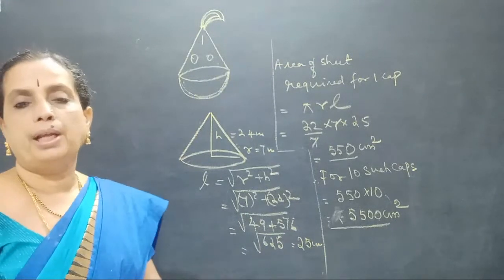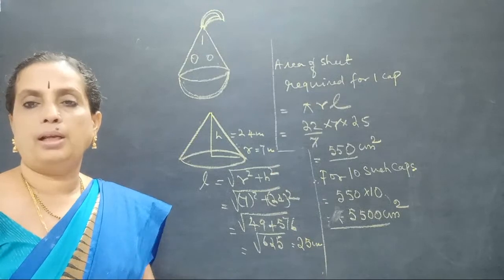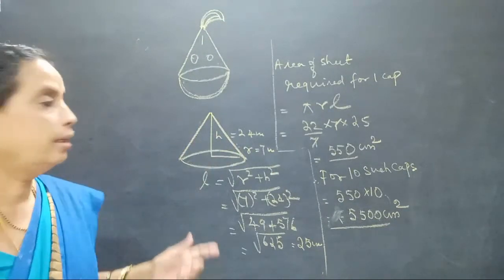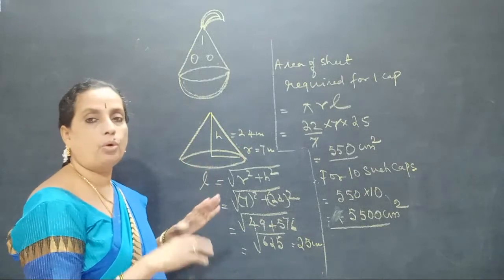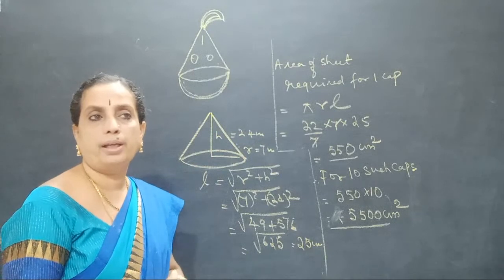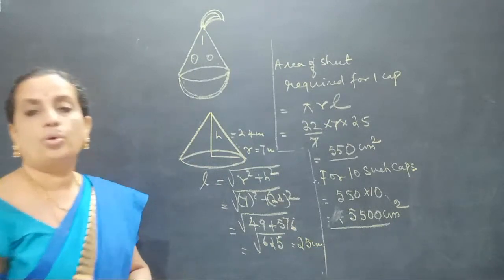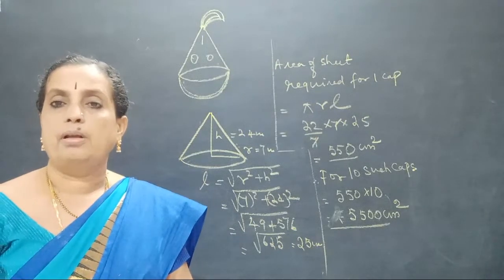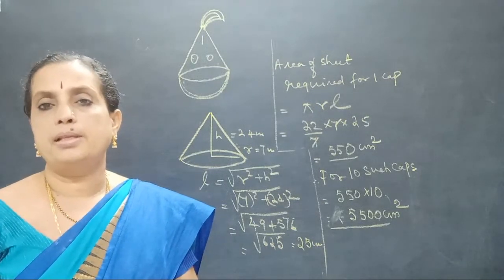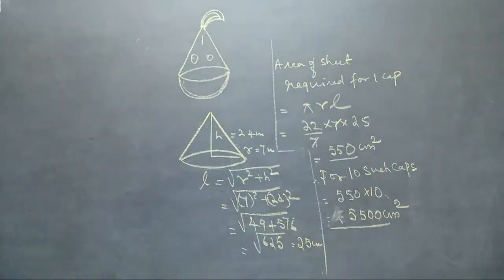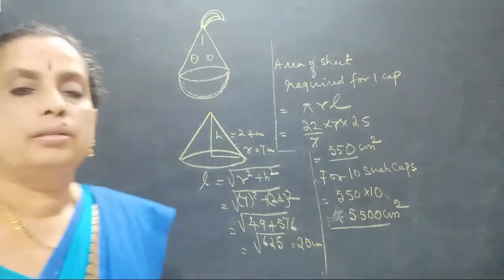And in today's beginning class we considered a pen holder, where the base is covered, not the top. Like that, a joker's cap has no base, only the curved surface area is required. Base is not necessary. Are you following now? Is that clear?